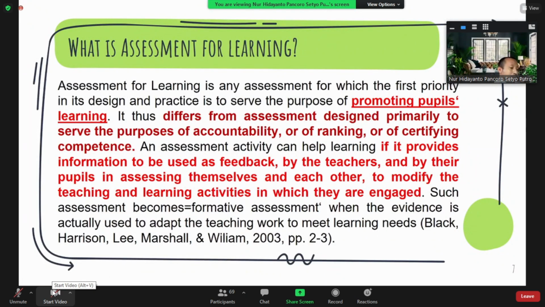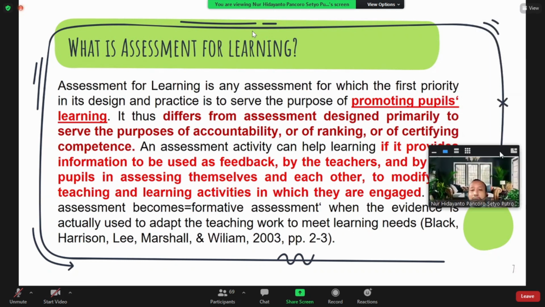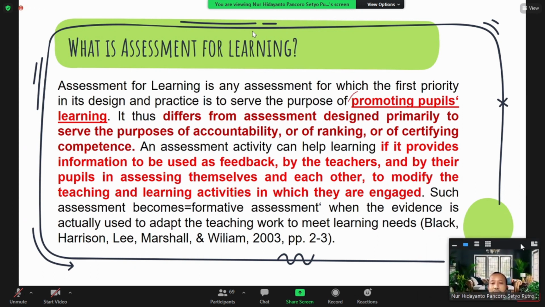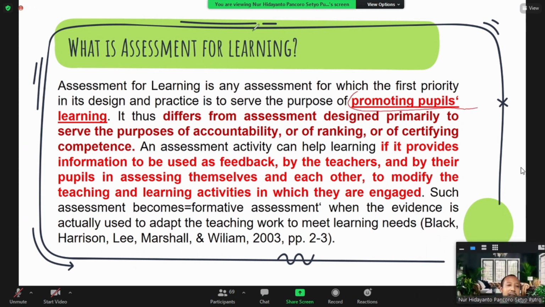So when we are talking about assessment for learning, this is the definition from Black et al. The main objective or purpose of assessment for learning is to promote the learning of our learners or students. So this is our main job, right? Promoting the learning process.